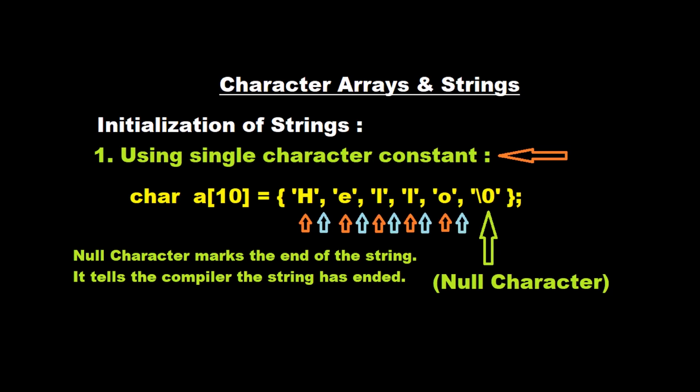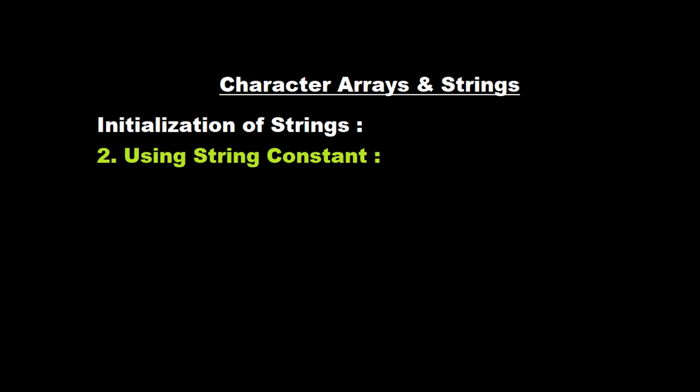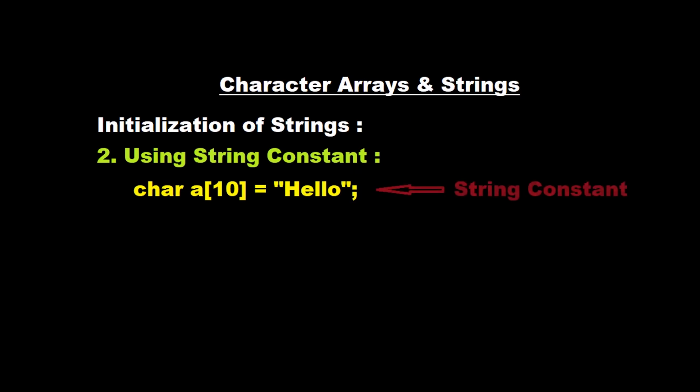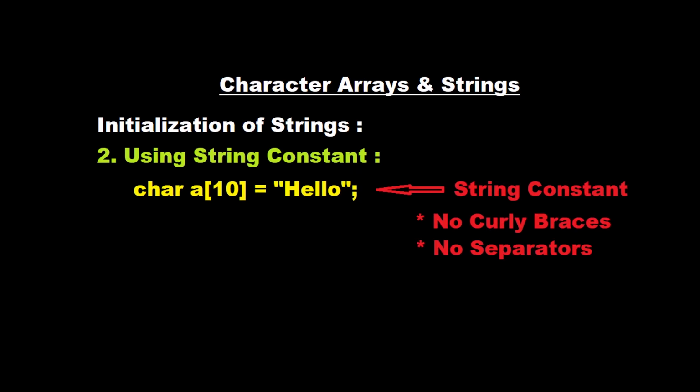Now let us move on to the second type of initialization of strings. The second type is using string constant. So let me show you another example so that you can understand the second type. The example is char a[10] equal to, inside quotes, "hello". Here we are using a string constant. So in this case we do not have to use curly braces, or we do not have to separate individual characters inside quotes.